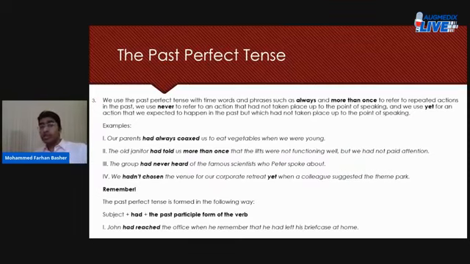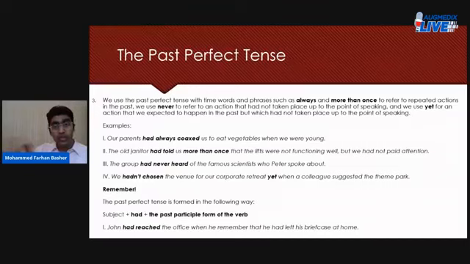When you say yet, you don't mean until the point of your describing it to your friend, but until the point of time of which you're describing to your friend. So we hadn't chosen the venue for our corporate retreat yet when a colleague suggested the theme park.